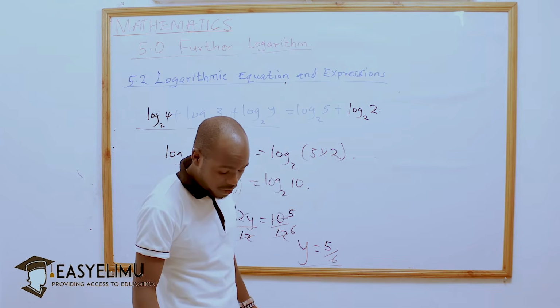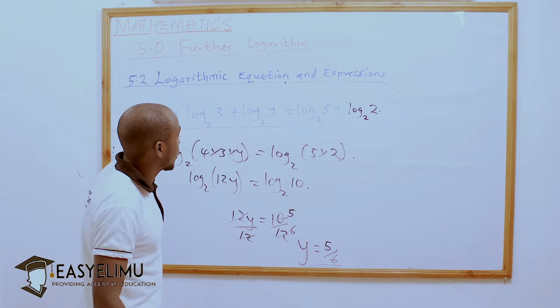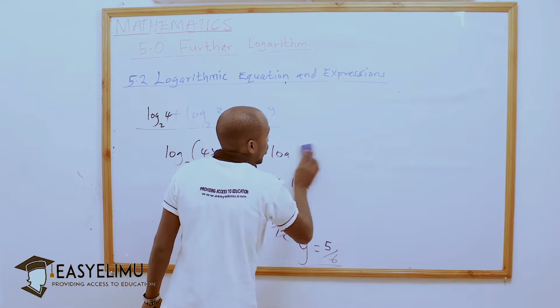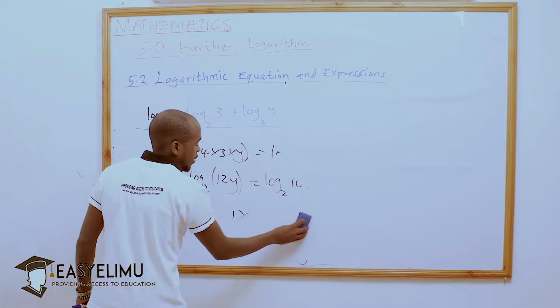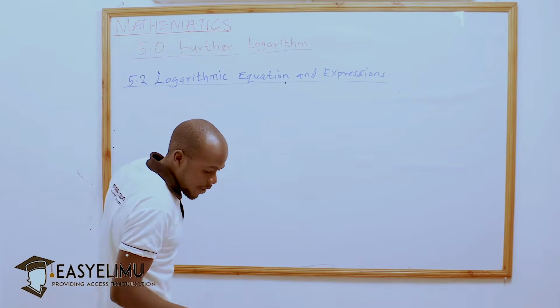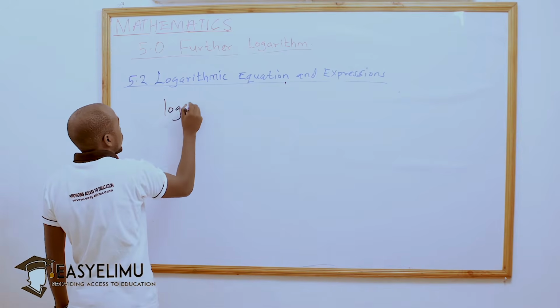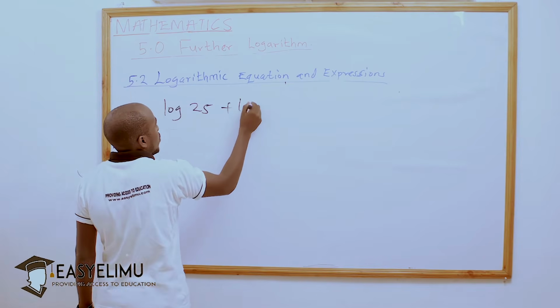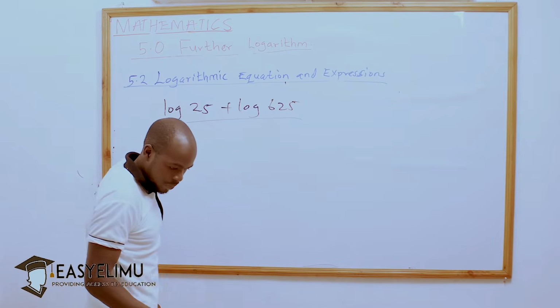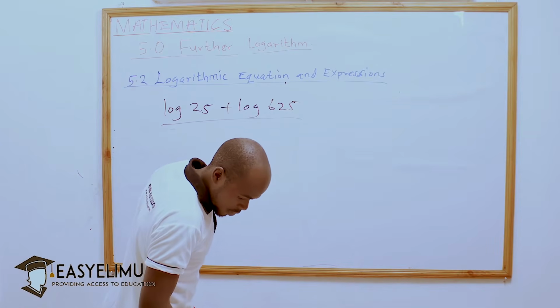Let's now see how we can solve a logarithmic expression. All we were dealing with was logarithmic equations. Now let's see an expression. An expression may include log 25 plus log 625 divided by log 5.